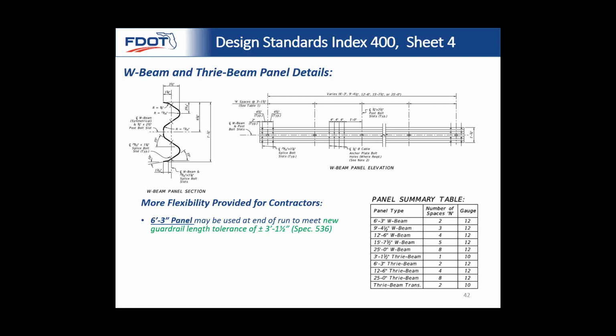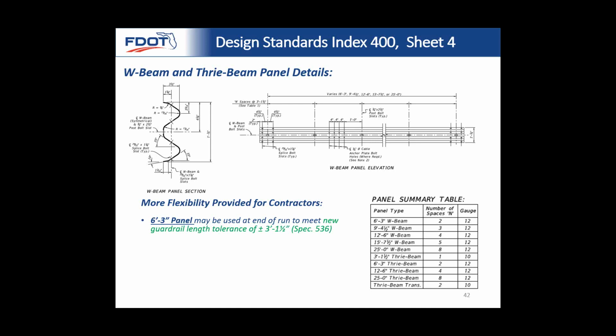Now, the other thing is we have a real big caveat on that, which explains that the inspecting engineer out there can decide to tighten up that tolerance. If you have like an urban setting and you're trying to terminate guardrail before a side street or a sidewalk and you really need to fit it in there, the run of guardrail should be a lot shorter so that the designer can design it correctly to the nearest 6 foot 3, and there shouldn't be that much of a variance like for vertical curvature and things like that.